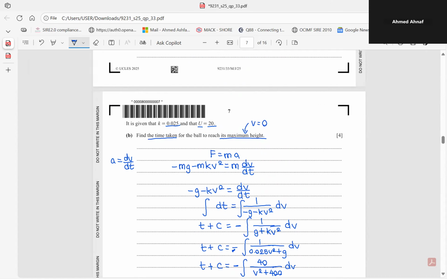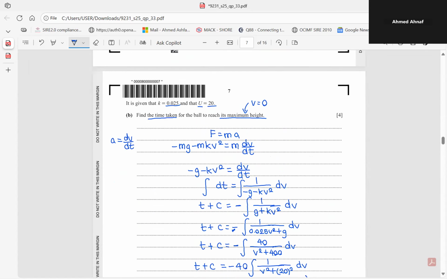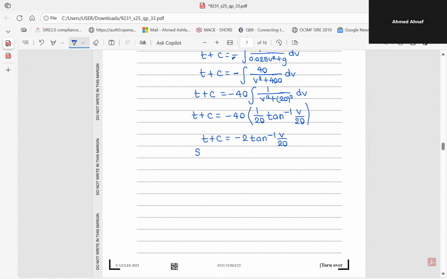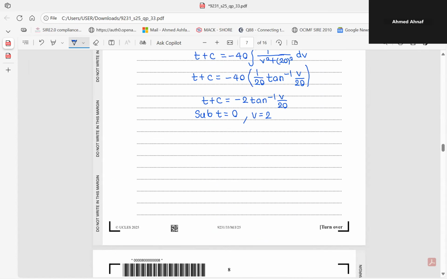Okay, so now to find c, we're again going to make use of this fact. We're going to sub t equals 0 and v equals u. So u is now 20. So we'll get minus 2 tangent inverse 20 over 20, that's 1, equals t plus c, which is 0 plus c, so you get c.